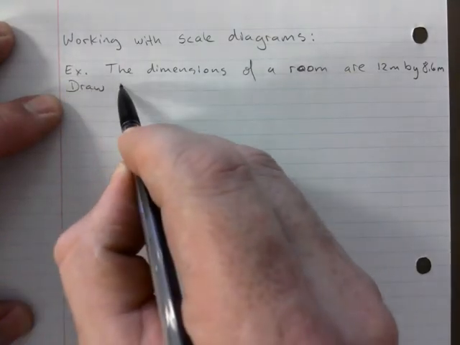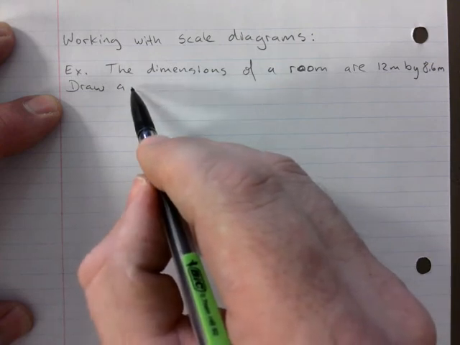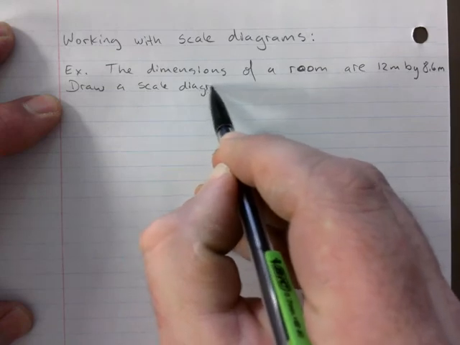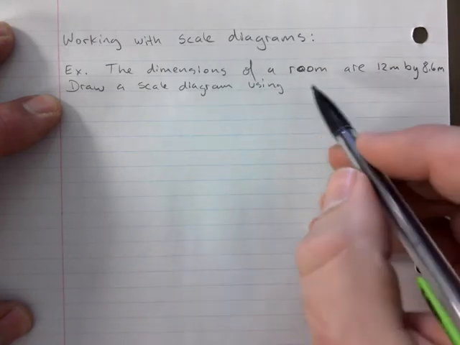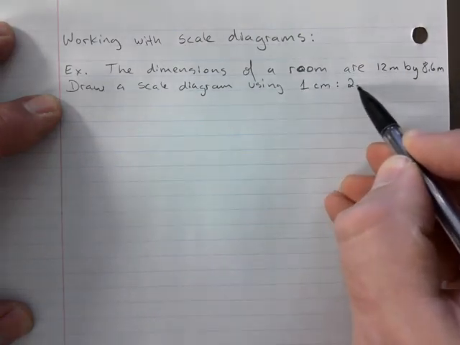Draw a scale diagram using 1 centimeter is equal to 2.2 meters.